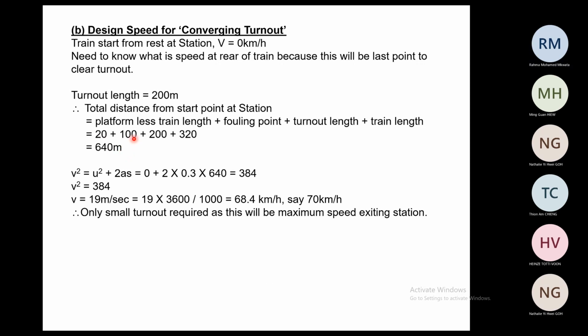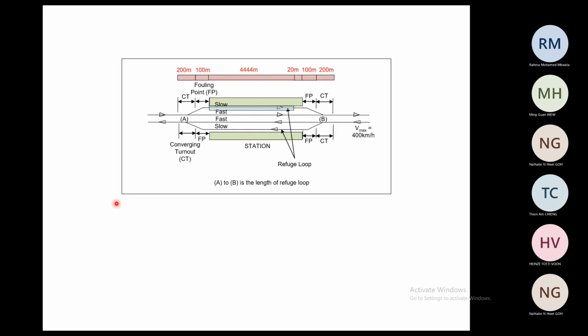Okay. So if you use this equation again to calculate, the initial speed we have is 0, 2 times the acceleration we have, and the total distance we have, 640, then we'll get the design speed to be 19 meters per second. So we know this is 20 plus 100 plus 200 plus the total train length, so that all of it clears the turnout.